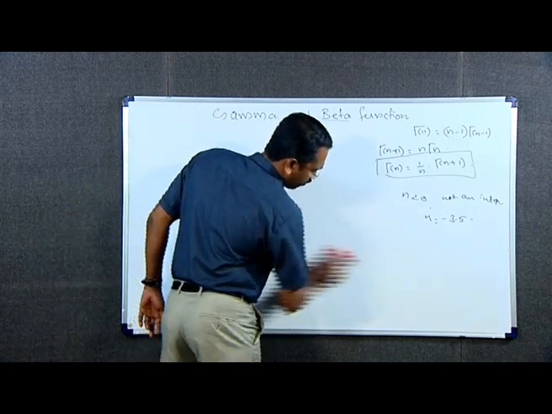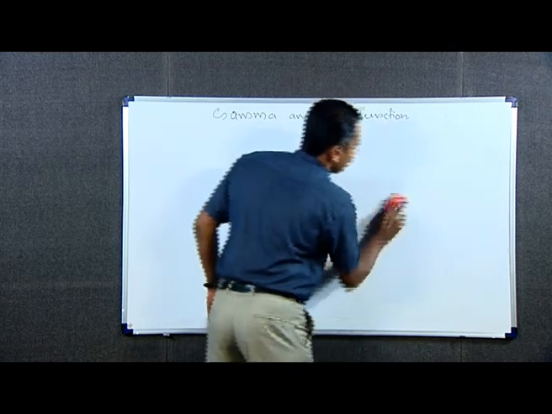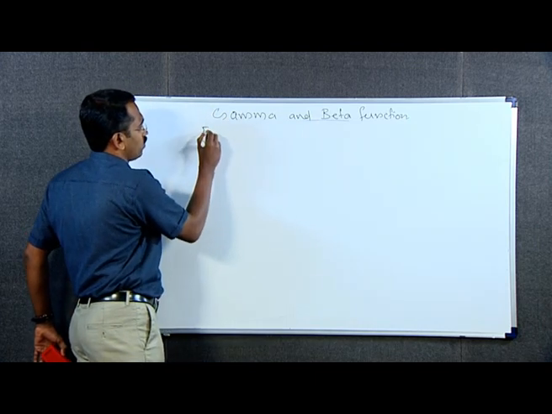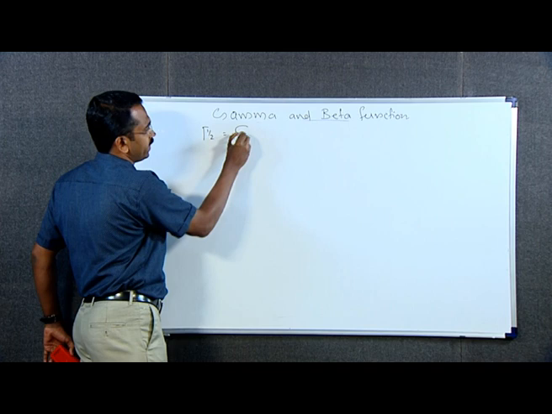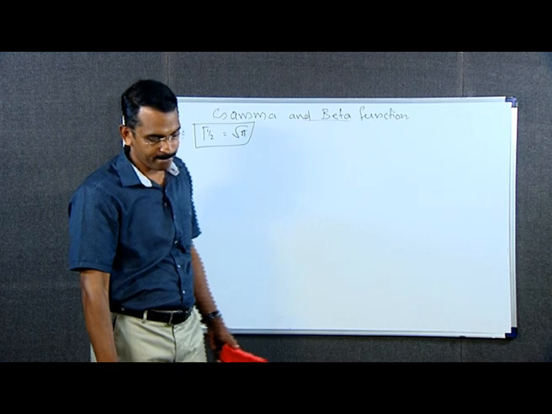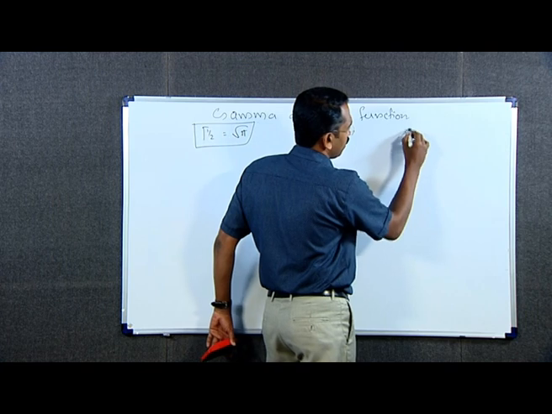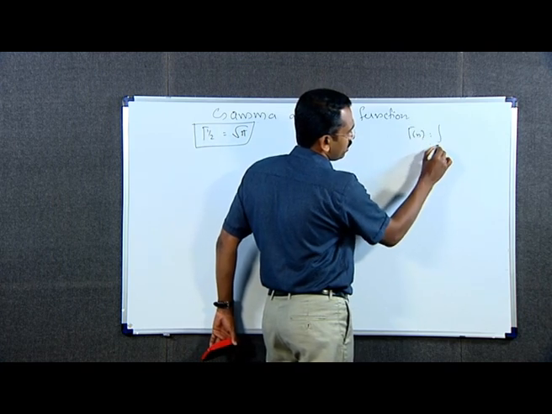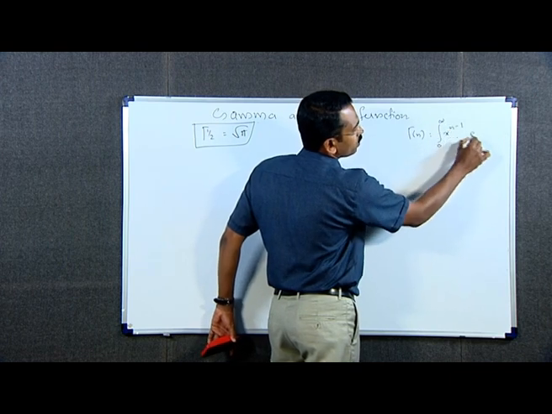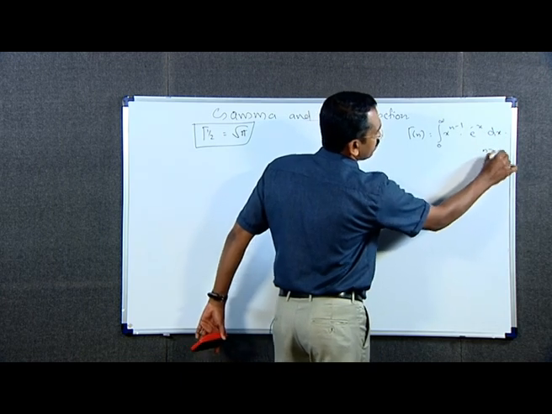Now we have to derive that gamma 1 by 2 is equal to root pi. By the definition of the gamma function, gamma n is equal to integral 0 to infinity x raised to n minus 1 into e raised to minus x dx, where n is greater than 0.